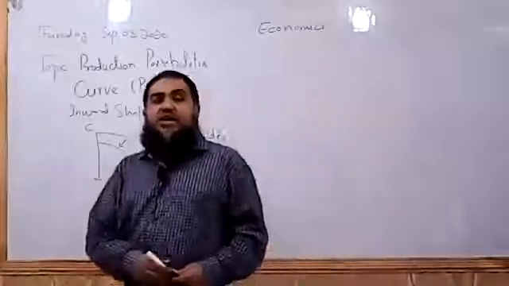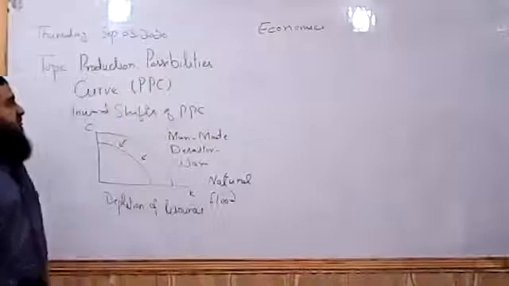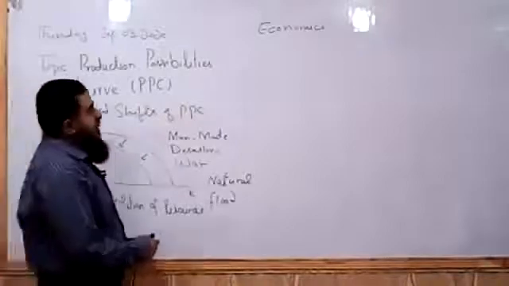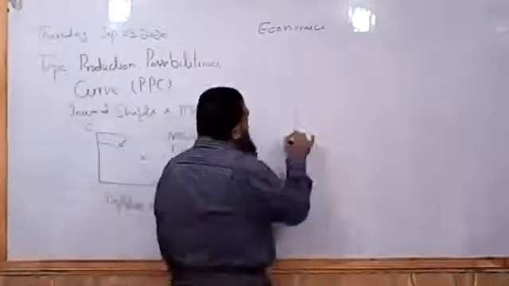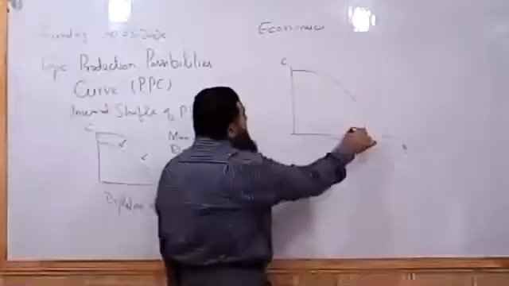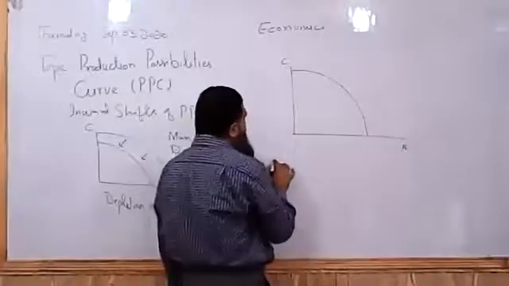So we can say the PPC can shift outward whenever the factors available to our country are increasing and they are able to produce more goods and services. So then the PPC will shift outward. One thing which I want to mention is capital goods and consumer goods. We can say there are two types of countries in the world.